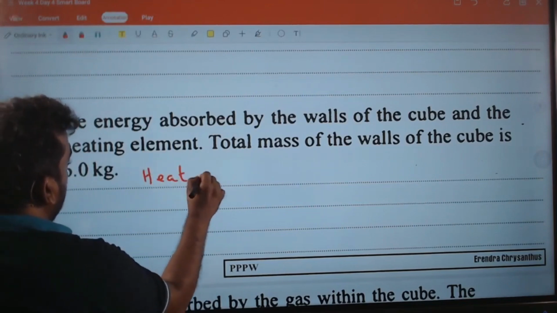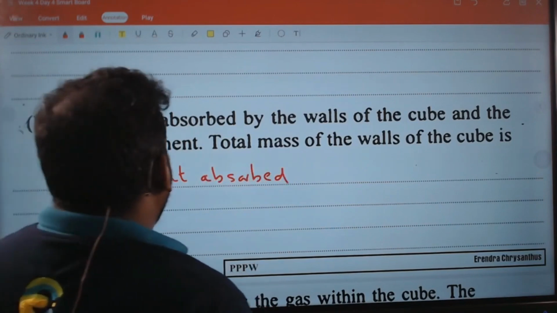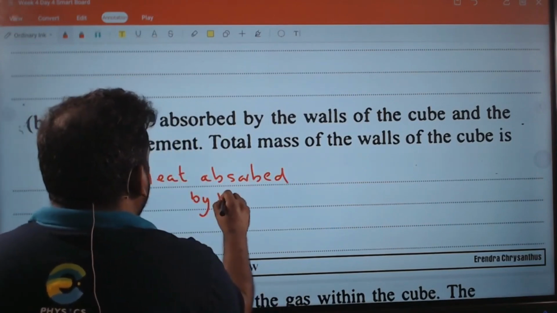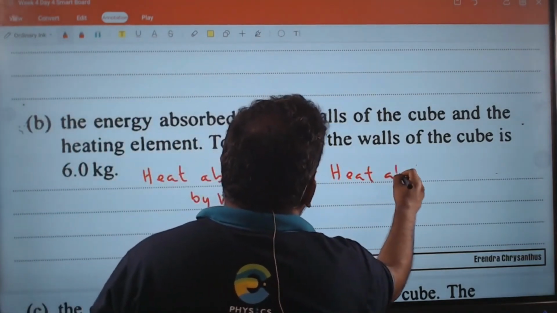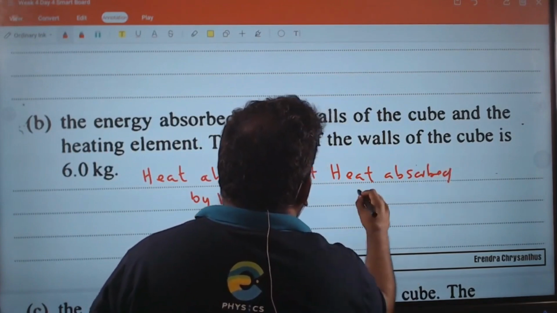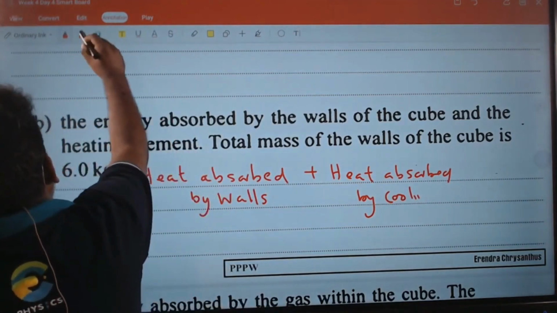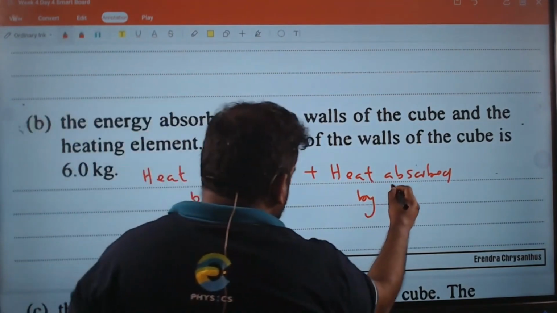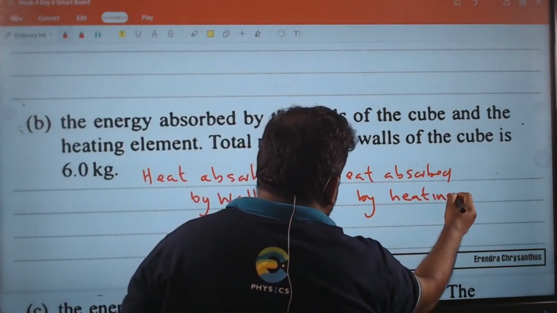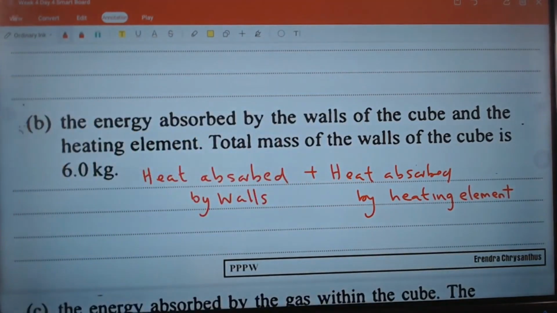Heat absorbed by walls plus heat absorbed by heating element, that's your total heat absorbed.